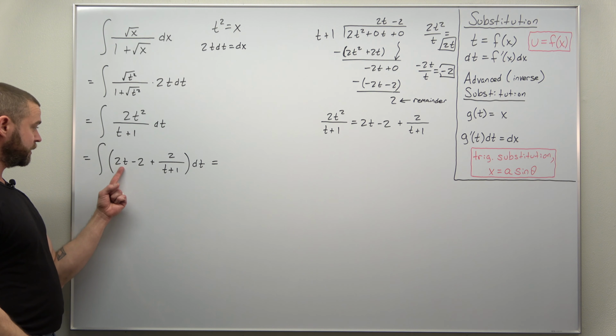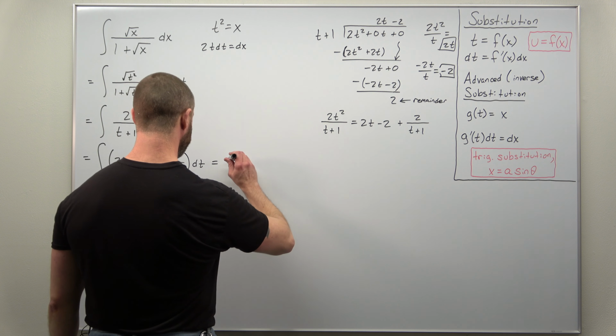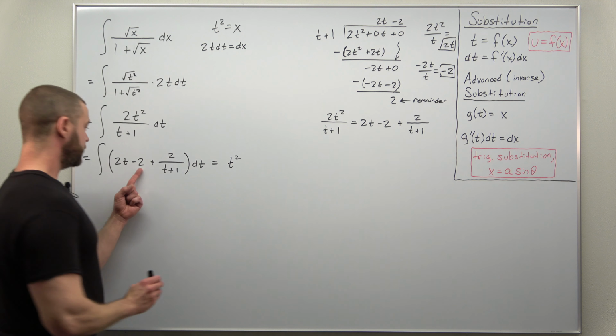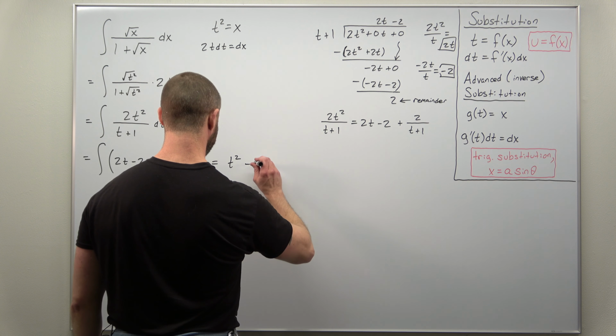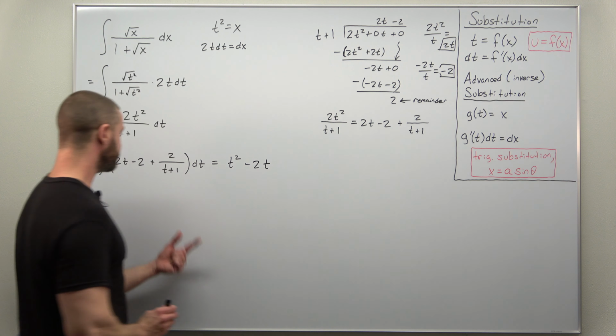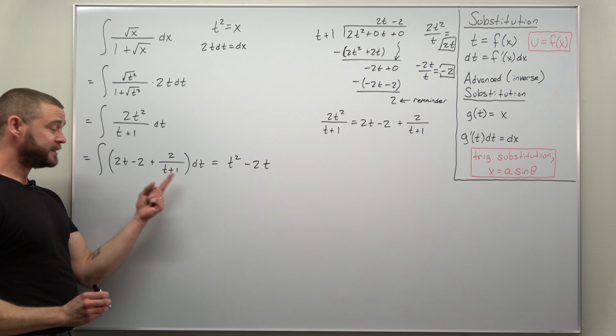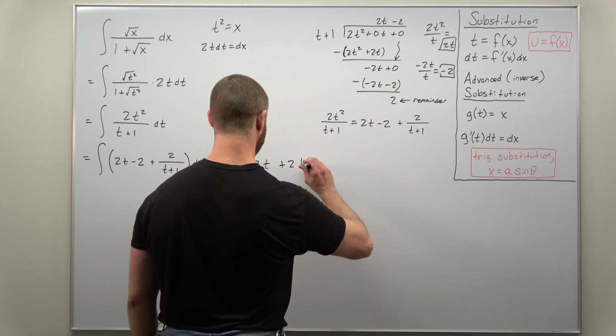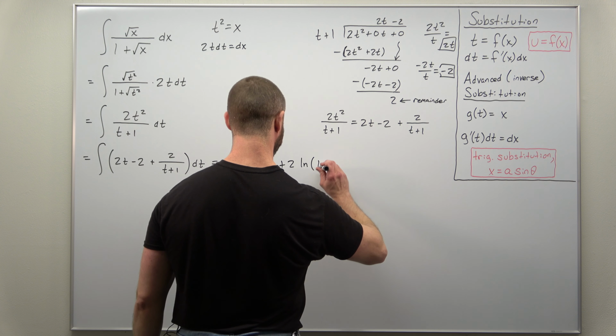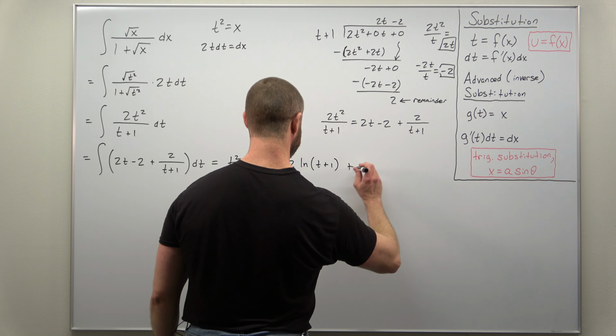Apply the power rule. 2t will integrate to t squared. Negative 2 will integrate to negative 2 times t. So minus 2t. And this 2 divided by t plus 1, that just integrates to 2 times natural log of t plus 1.